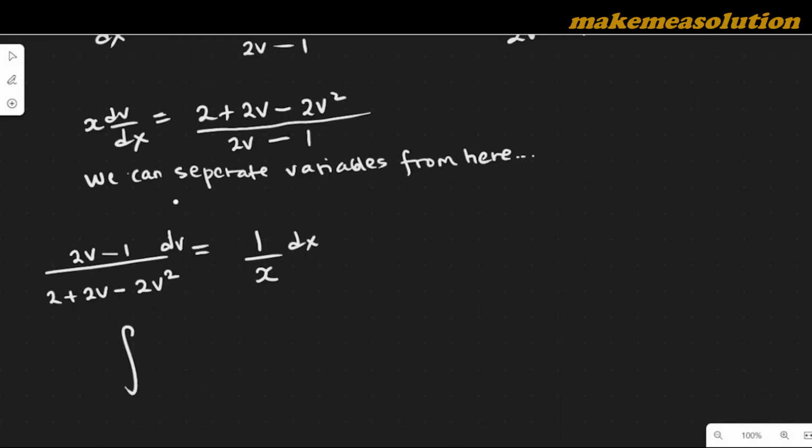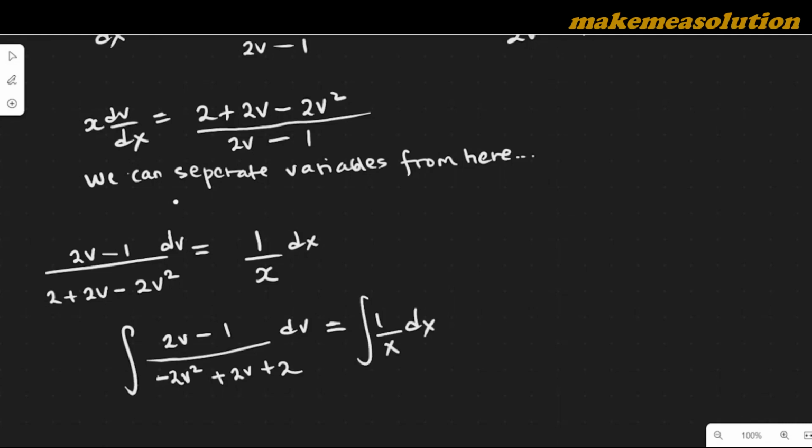So we have the integral of (2v minus 1) all over, I'm just going to rearrange this as minus 2v squared plus 2v plus 2, with respect to v, equals the integral of 1 over x dx.